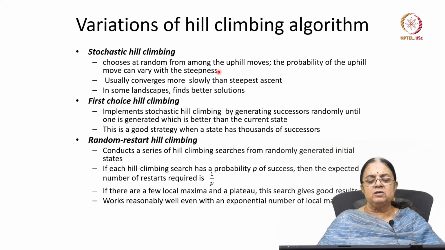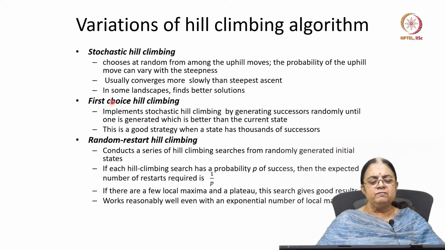So the steeper it is, the higher the probability of moving to that point. So you choose according to probability to move to the neighboring points. Here this converges more slowly than steepest ascent, because you are considering a number of points together, not just one point. And it is found that in some cases it gives better results.